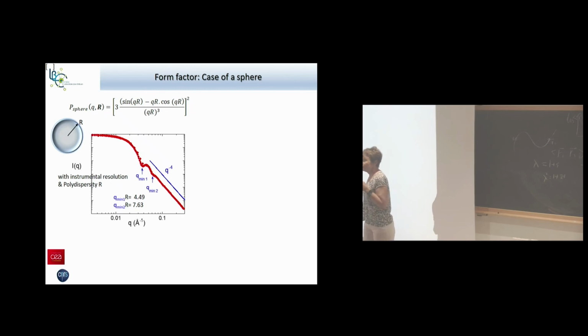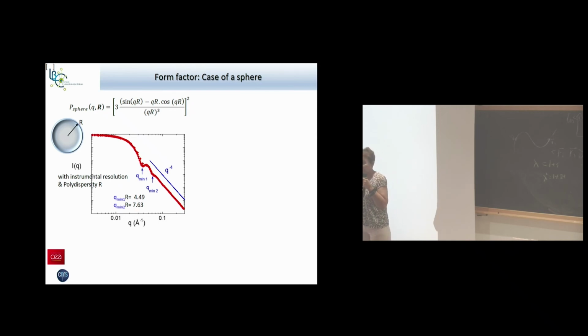Another reason why the Q value may vary is the wavelength. The wavelength that you are using is not perfect. It could be a broad wavelength. We can have a wavelength plus or minus 10% or 5%. So this will give you an uncertainty of the Q value and spread things a bit.